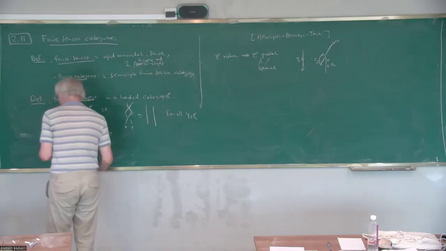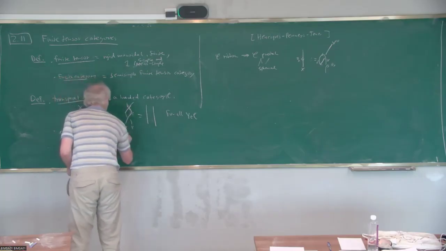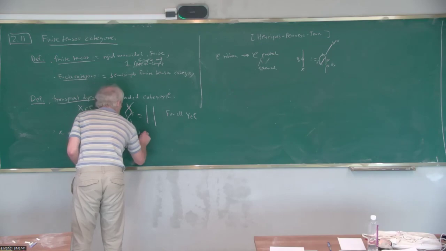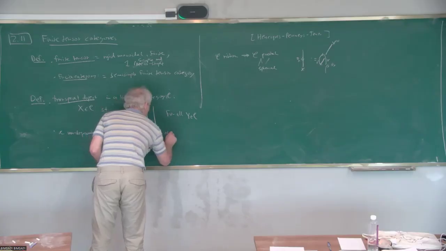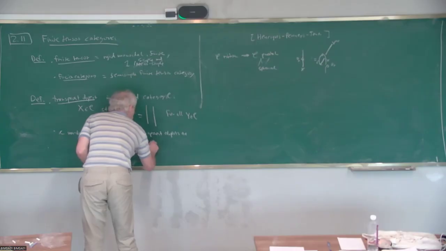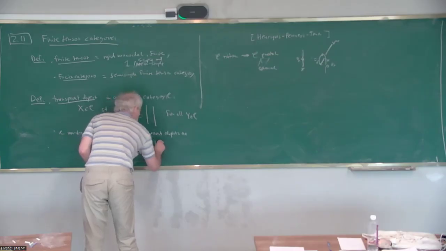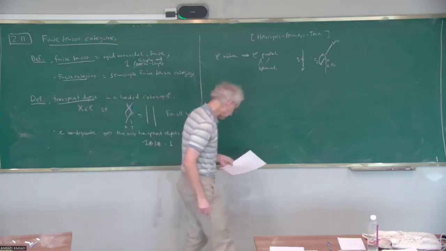And we say that the braiding C is non-degenerate if and only if the only transparent objects are direct sums of the tensor unit. Finite direct sums.